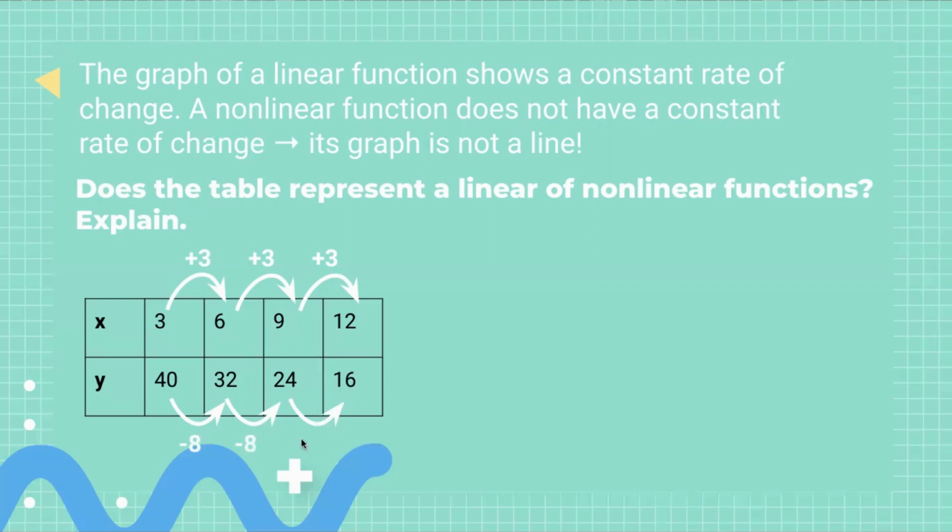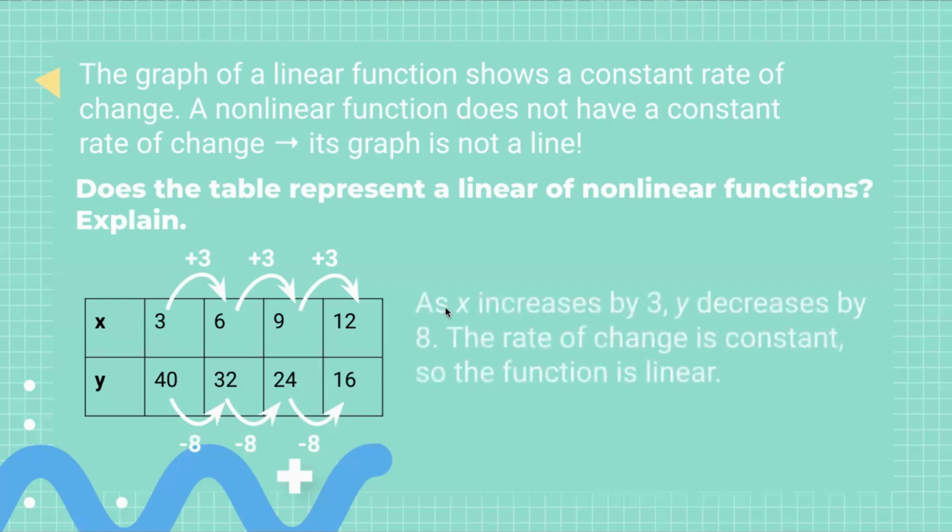And from 24 to 16, you're subtracting 8 once more. So your rate of change, once again, is constant in your y values. And as x increases by 3, y is decreasing by 8, the rate of change is constant, and so your function is going to be linear.